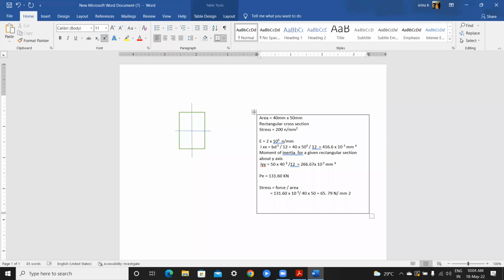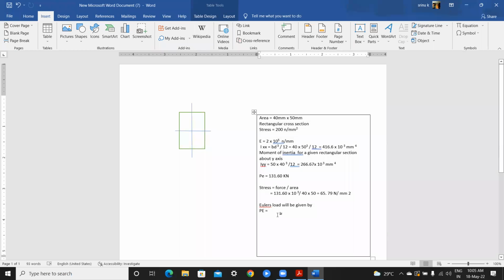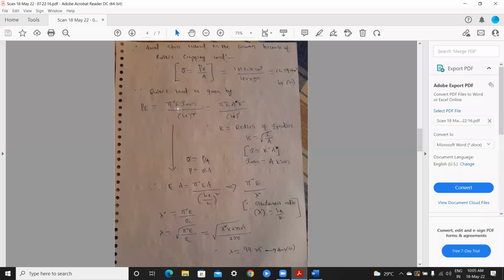Next, Euler's load is given by this formula. I will write here: Euler's load PE equals pi square E I minimum by L effective, meaning effective length.